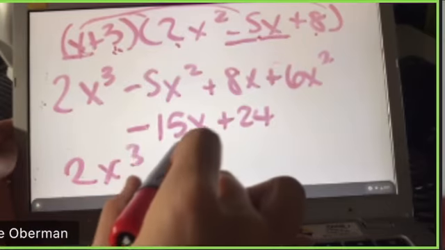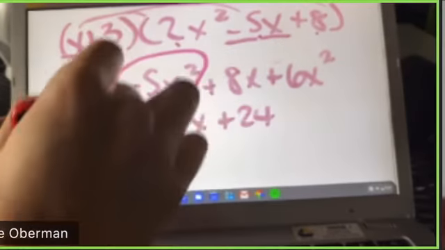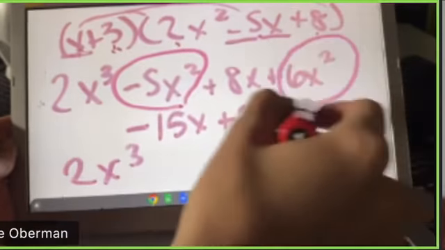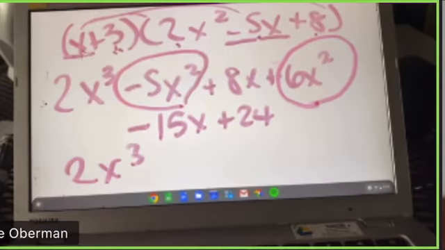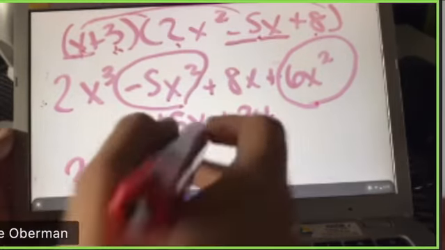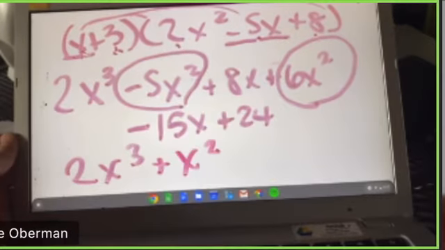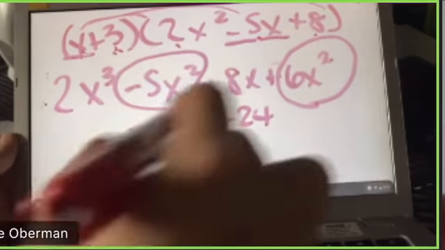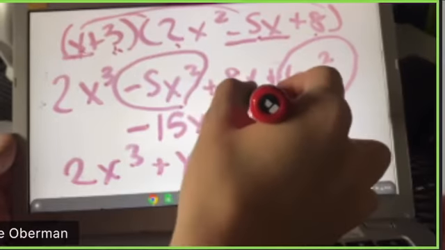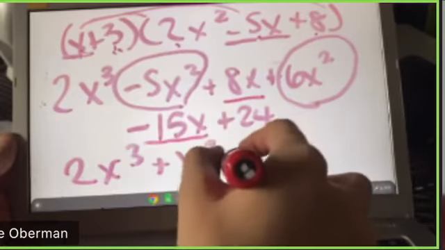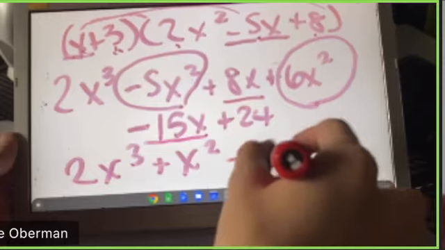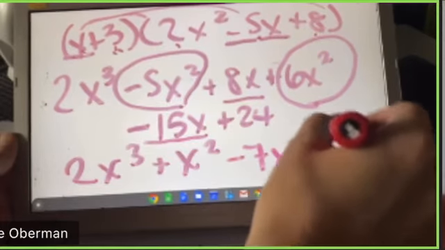We have a negative 5x squared and a positive 6x squared. So what does that make? Plus x squared, right? Okay, and then we have a positive 8x and a negative 15x, so we'll have a negative 7x plus 24, right? Double check me, see if that's what you got.